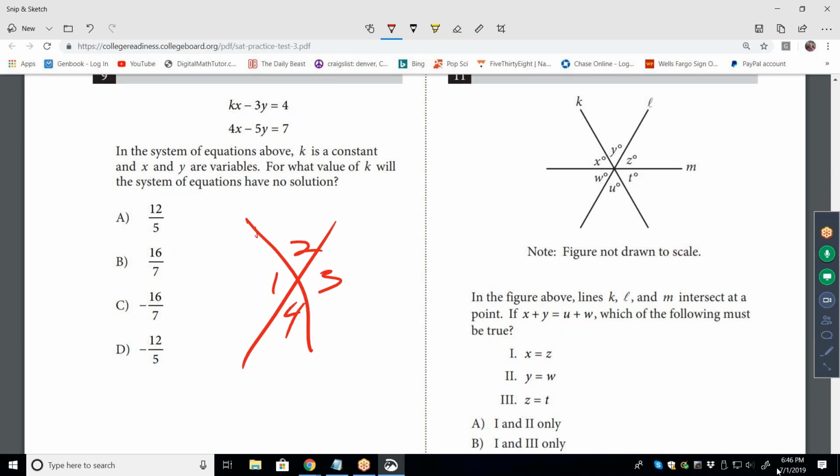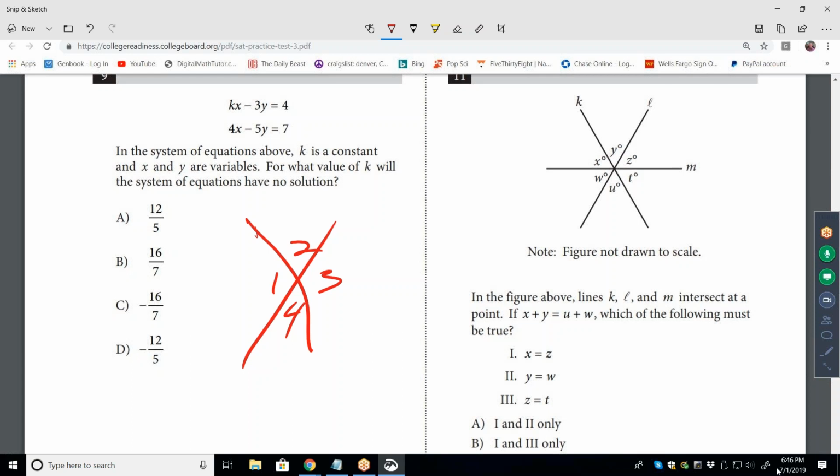Tell me which angles are equal to one another on the left. Vertical angles are equal. So which angles are equal? Yeah, 1 and 3 are equal and 2 and 4 are equal. Okay?